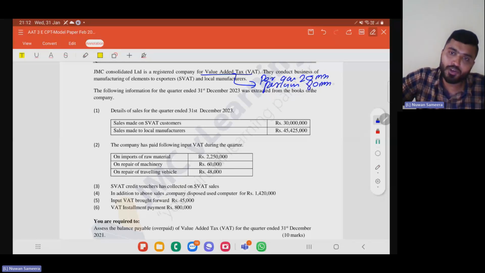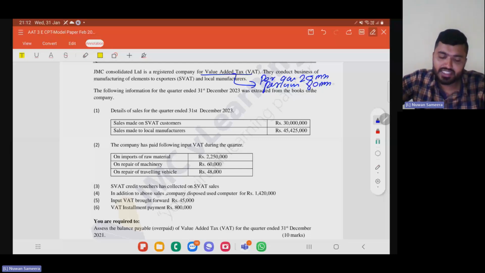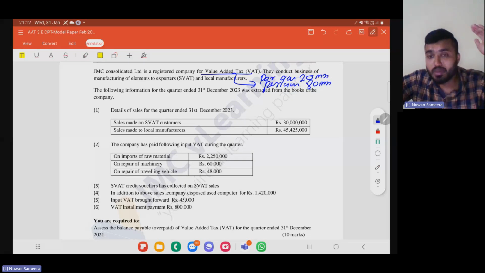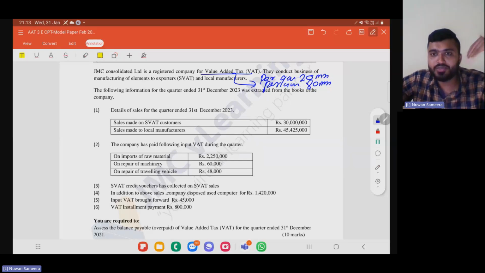What is the due date to submit the VAT return? The VAT return needs to be submitted monthly by some persons and quarterly by others. Who are the persons applicable for monthly? The zero rate applicable persons, that means the exporters, need to submit their VAT return monthly, on or before the end of the next month.